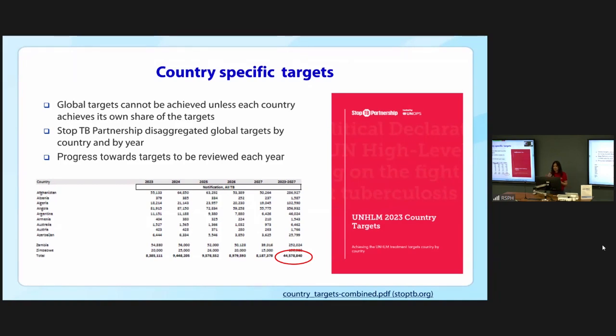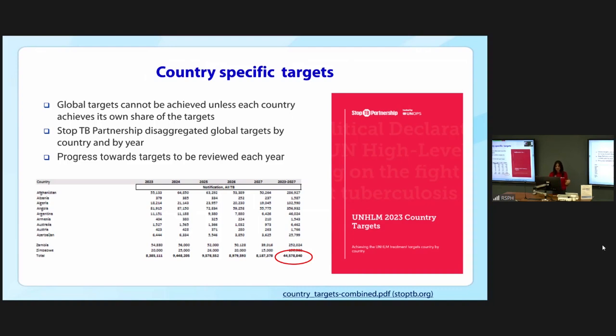So this is a document from the Stop TB Partnership that disaggregated the global targets by country and by year, taking into account incidence in that country, etc. This is just a snapshot, but it's a really great document for people that like looking at numbers. It splits out those targets and makes it very concrete as to what each country is trying to achieve by when, so we can all together meet these ambitious targets.